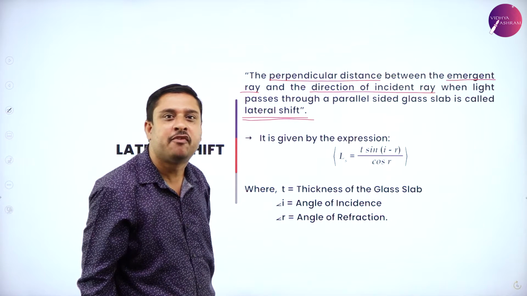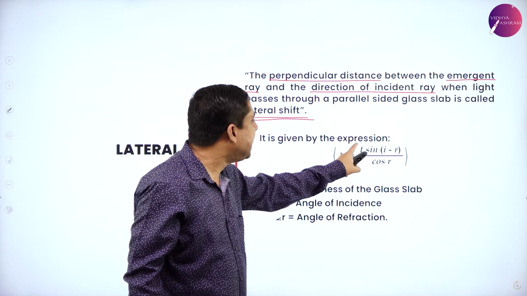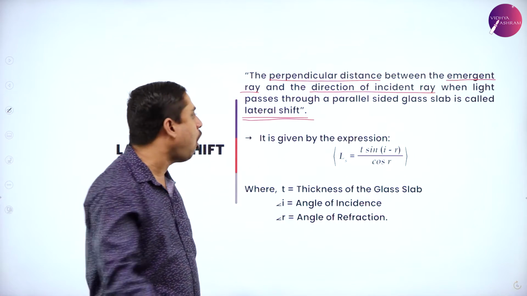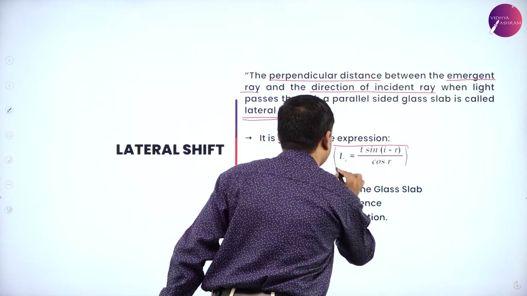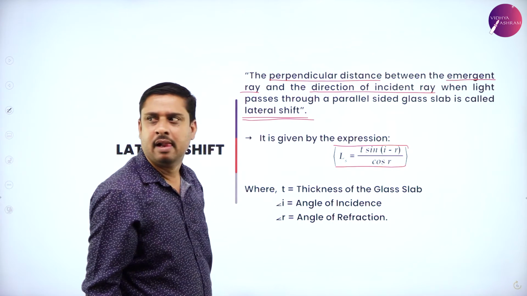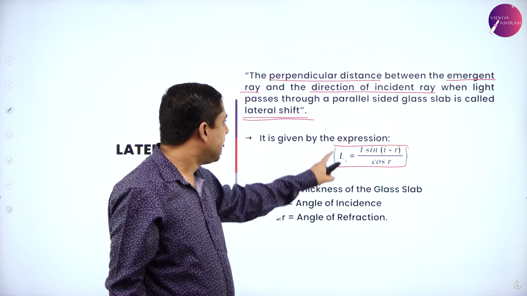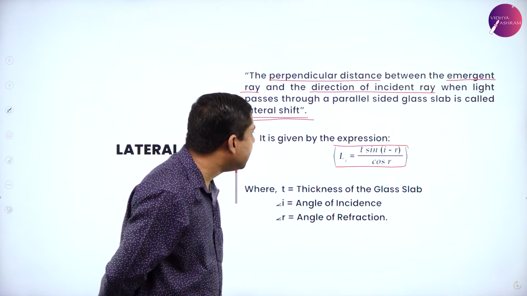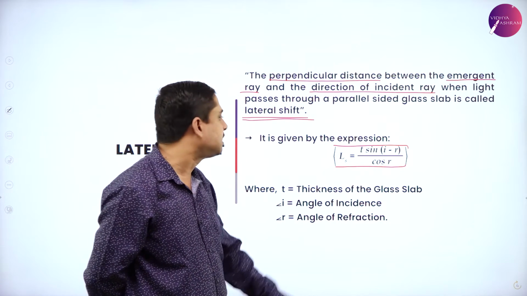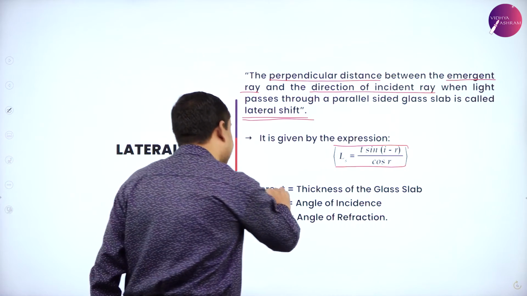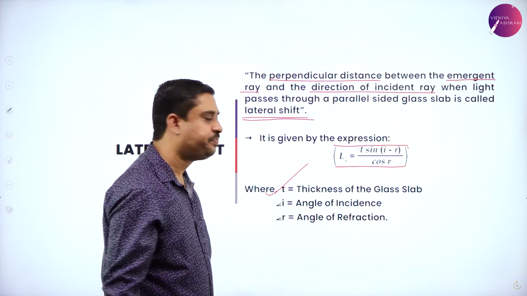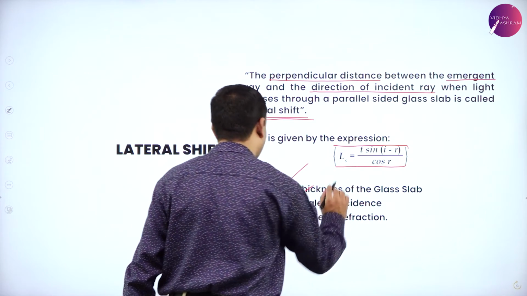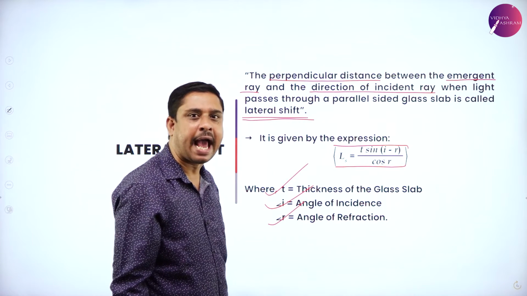And what is the expression for lateral shift? Lateral shift is T sin(i minus r) divided by cos r, where T is the thickness of the glass slab, i is the angle of incidence, and r is the angle of refraction.